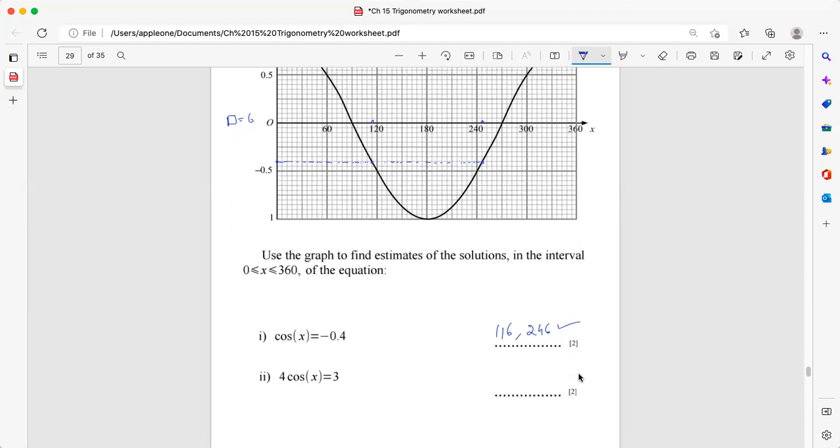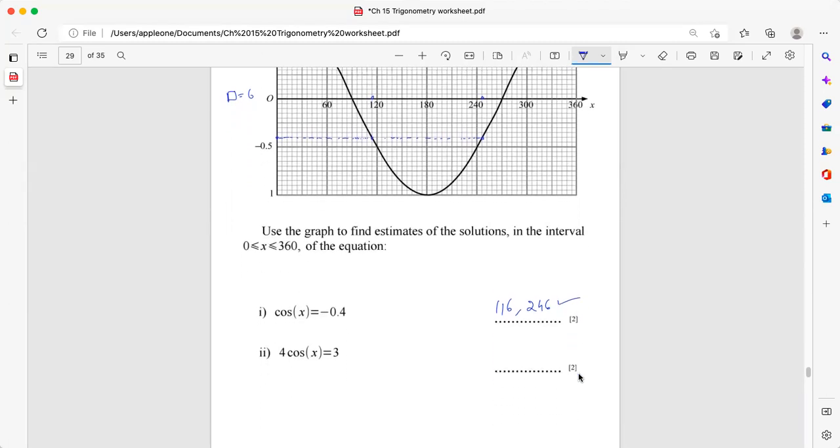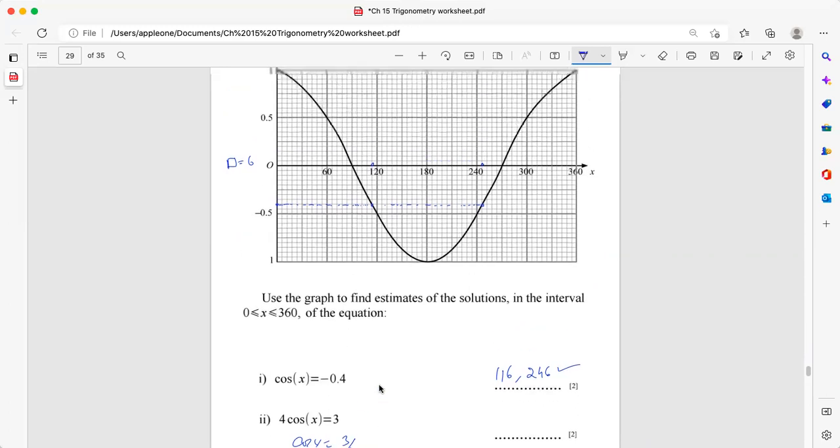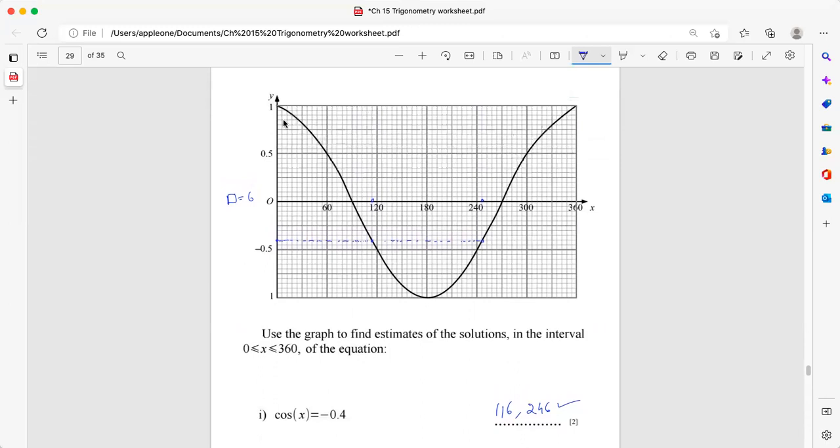Now let's go to the next part. This is cos x equals 3/4, which is cos x equals 0.75. Now please trace where 0.75 is. 0.5 is here, 0.75 is here. Now make a straight line from here.